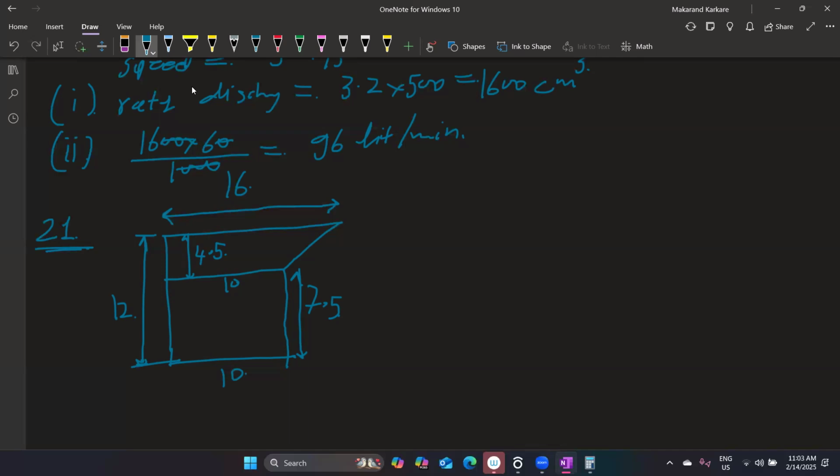Okay. No, Aniket doesn't look correct. See, first of all, when it says 3.2 meters per second, you got to convert it into centimeters per second. Sir, it's 10 minutes. I've given the answer as 10 minutes.